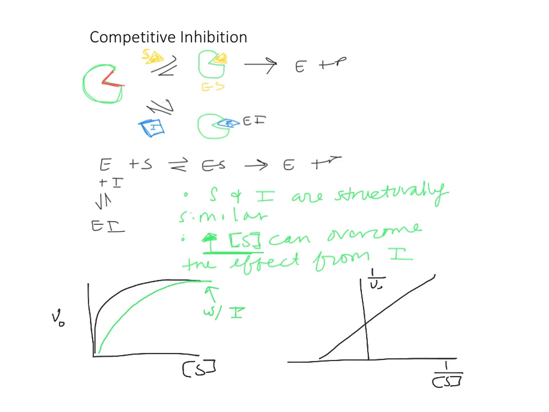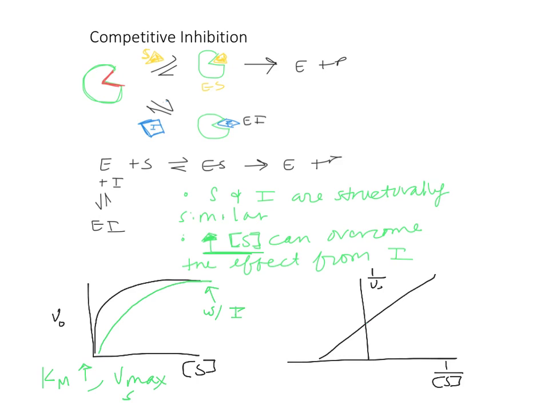Here, Km has increased and Vmax is the same. On a Lineweaver-Burk plot, if Vmax is the same, the lines have to cross at the same point on the y-axis, and if Km increases, then I'm moving more towards the positive x. So the line would be here, and that is meant to cross through.